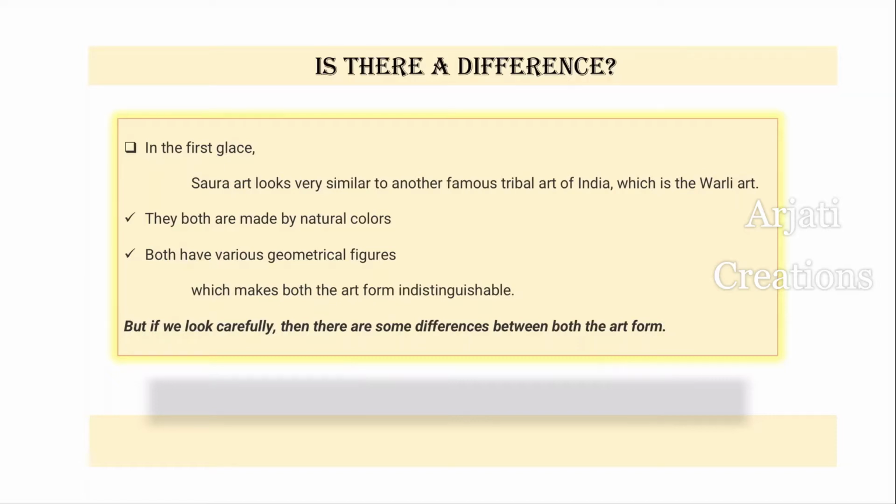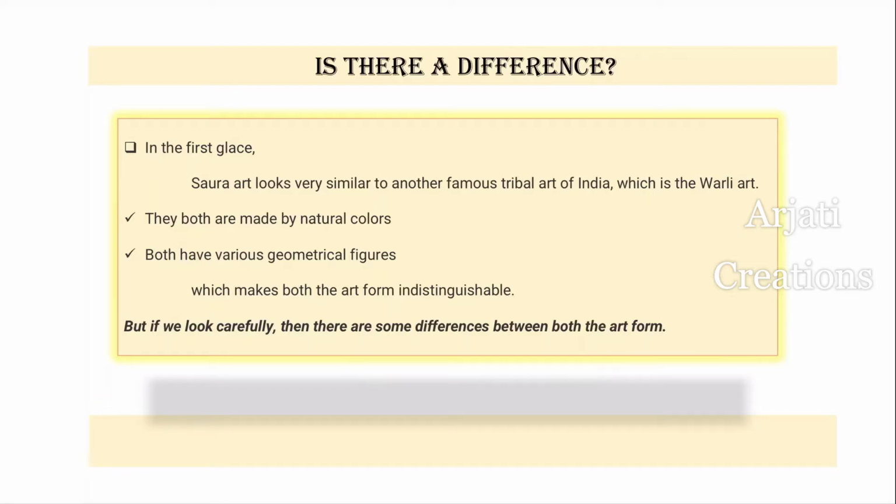Now if you take a first look at Sora art, and you also take another look at Warli art, you will find that both of them have a lot of similarities. First is that both of them use natural colors. So natural colors were used both by the tribal people who did Warli art as well as by the tribal people who did Sora art.